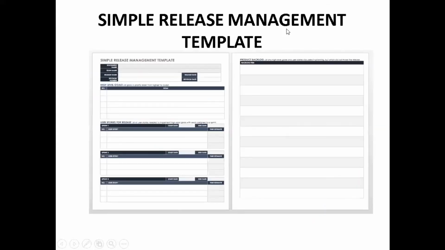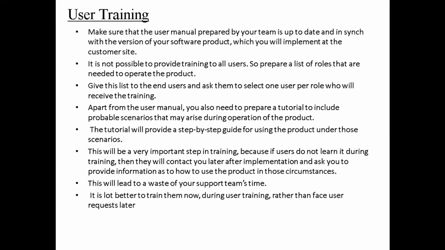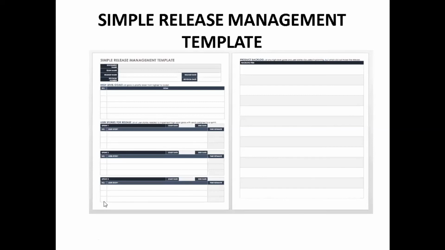So here I have the template for a release management. Here you have the document type, document name, team name, release name, and things. The first column gives the high level goals.